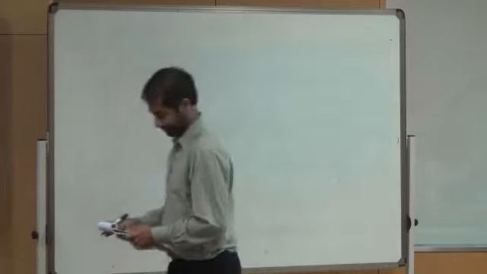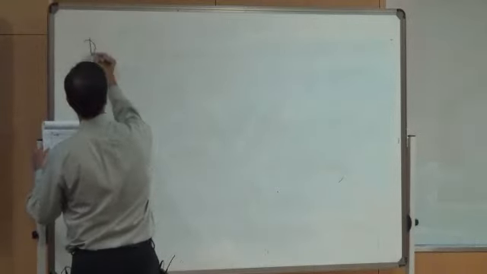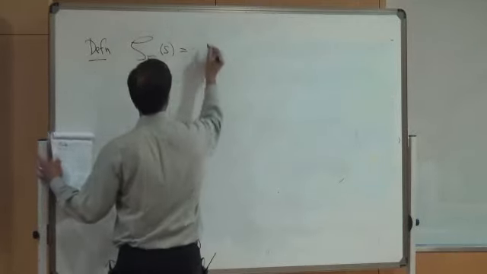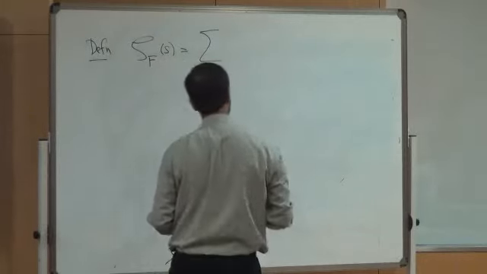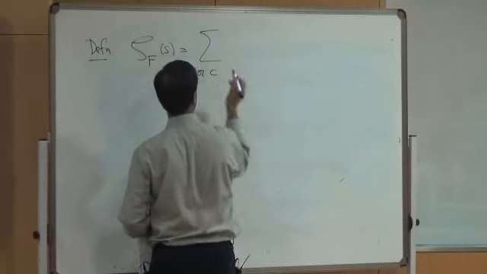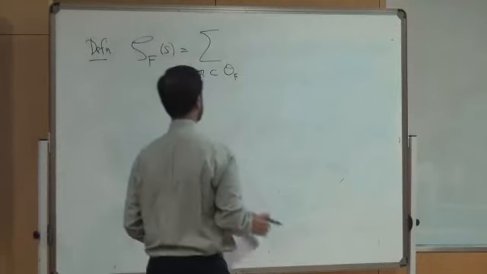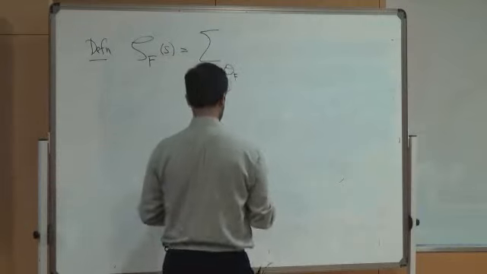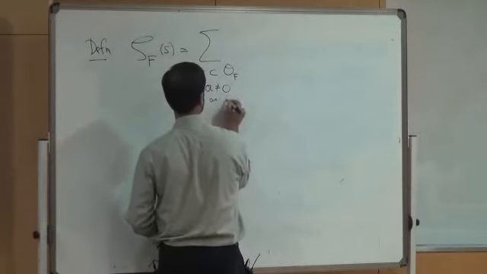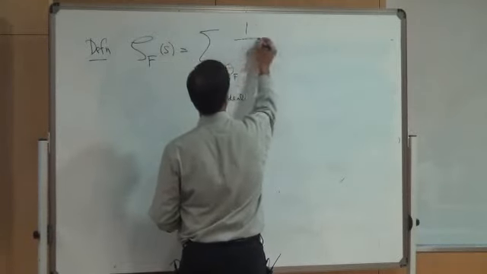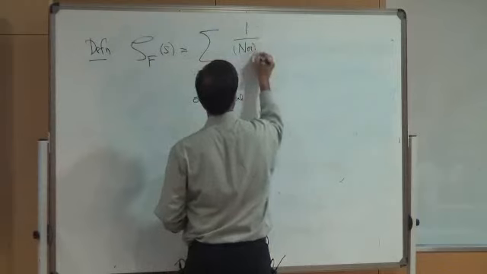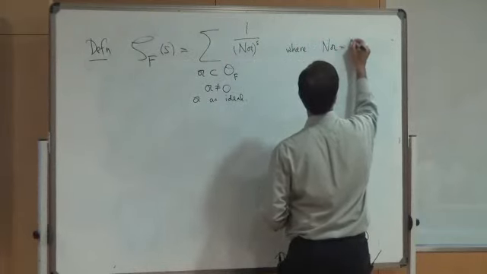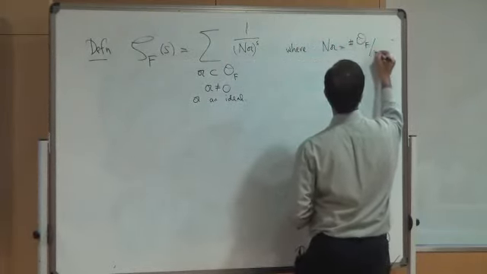I'm going to make the definition that zeta sub F, where F is now my number field, is the sum over all the non-zero ideals, A in Gothic script, of my ring of integers O_F, of 1 over the norm of the ideal to the s power, where the norm of the ideal A is by definition the size of O_F modulo the ideal A.